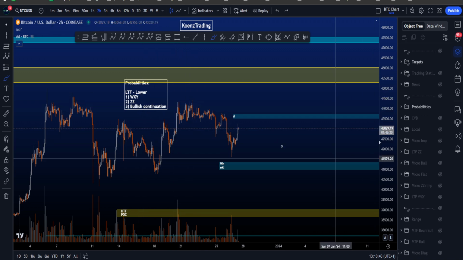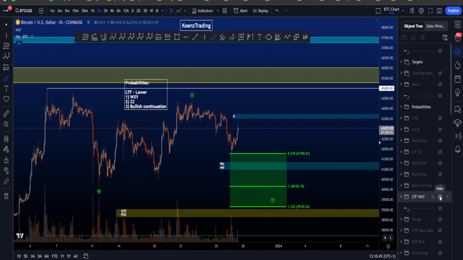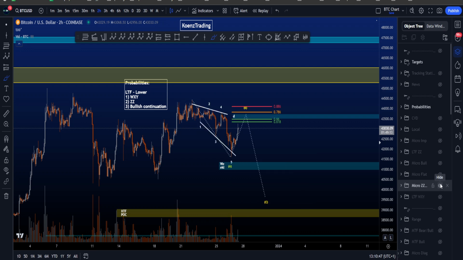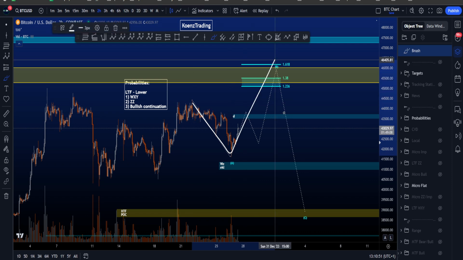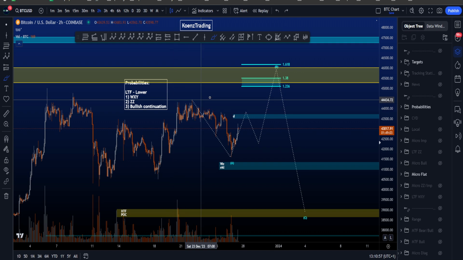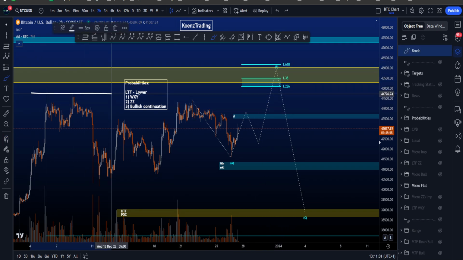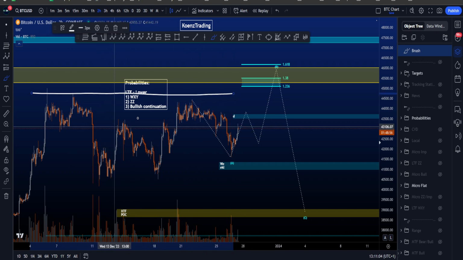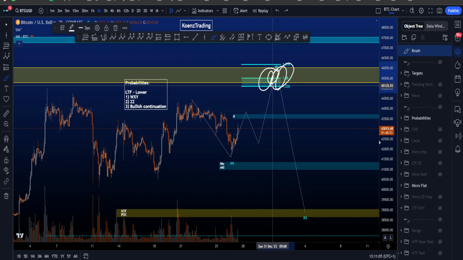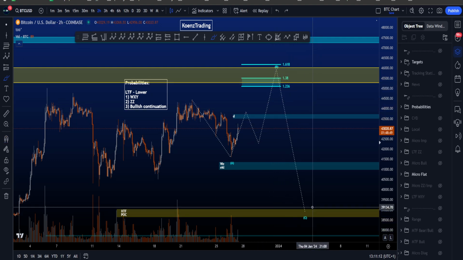And then the WXY or a potential zigzag in an ABC, but the WXY here would have my higher probabilities in this case, where we're then looking for this ABC zigzag to the downside or this flat structure, where I think this flat structure is especially very, very interesting because it creates a fake high and also a fake out. People might think we finally passed the resistance over here, buy, which creates the liquidity to then move price to the downside impulsively in a wave C. But this is personal preference, right?